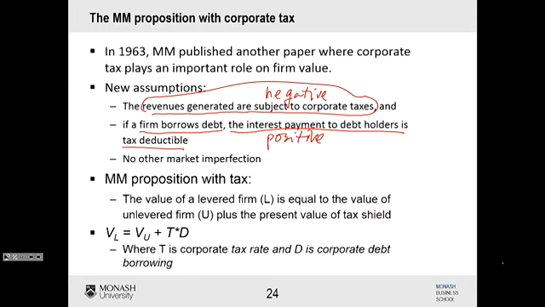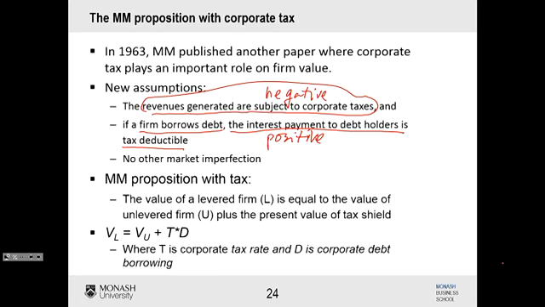And there is only one direction to change. The value of the firm is going to increase if the firm is going to borrow.